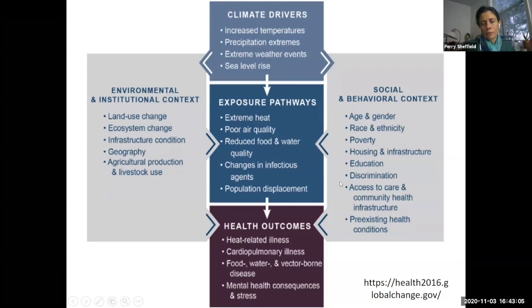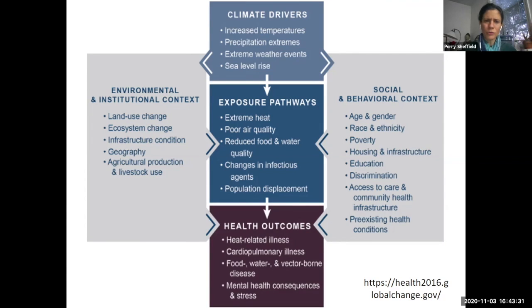And so now we just flipped that left-to-right pathway that we're looking at vertically. Now we have climate drivers at the top, through those exposure pathways, which I condensed as different weather events or upstream events, to the health outcomes down in the maroon box at the bottom. But this graphic also acknowledges the environmental and institutional context on the left.